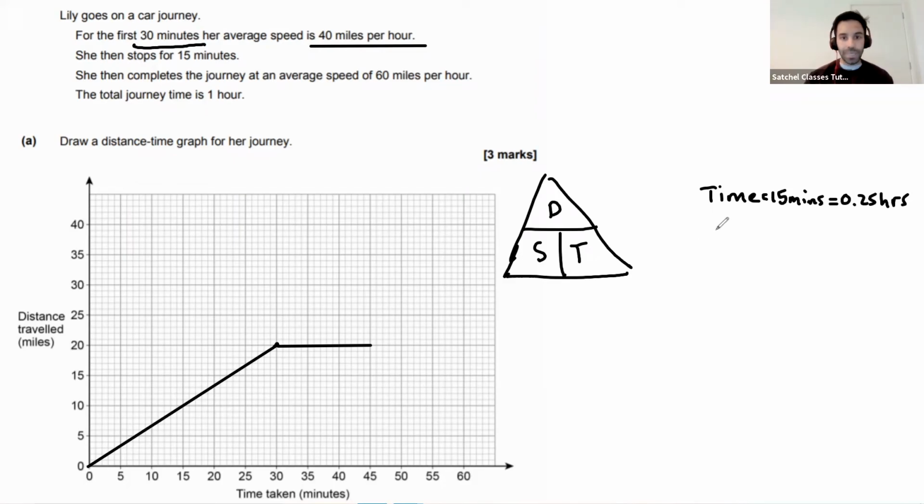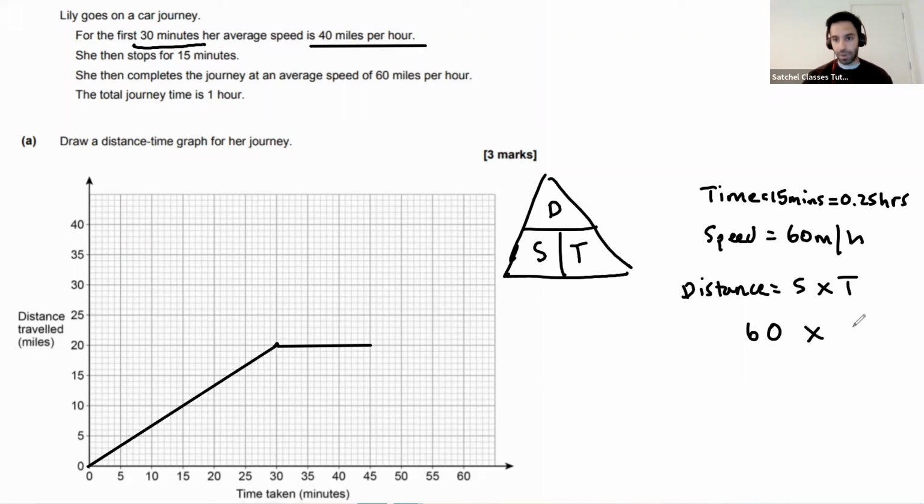And her speed is equal to 60 miles per hour. Again, we want to work out the distance. So that's going to be speed multiplied by time. So that's going to be 60 multiplied by 0.25. And what would that give us? That's going to give us 15 miles for her distance.